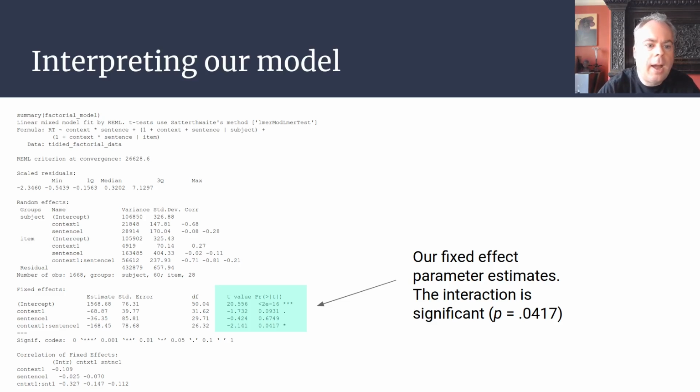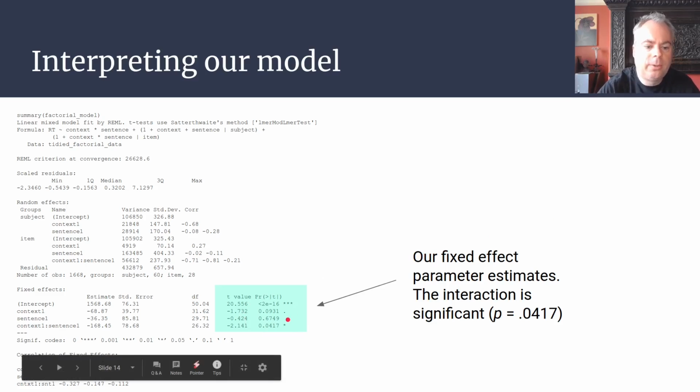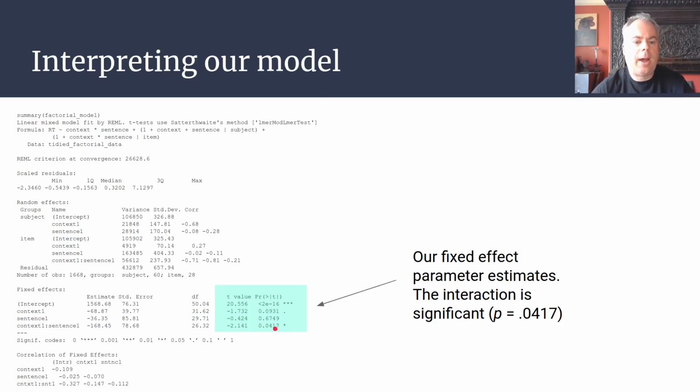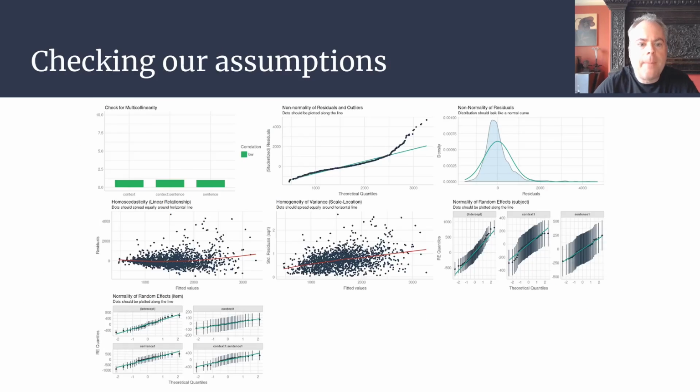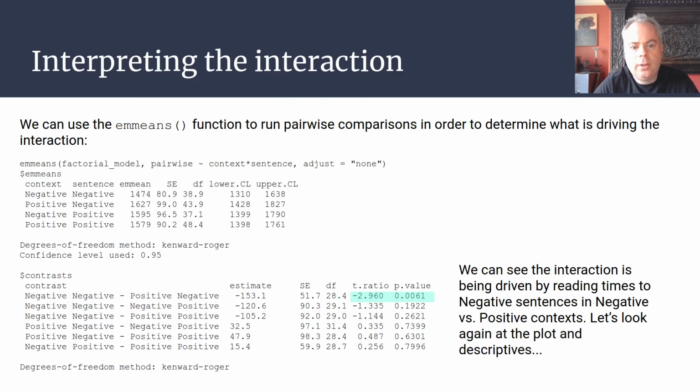So we can look at the parameter estimates of our model itself, and we can see we've got this significant interaction effect of 0.0417, which we then unpacked using the EM means comparison on this slide.